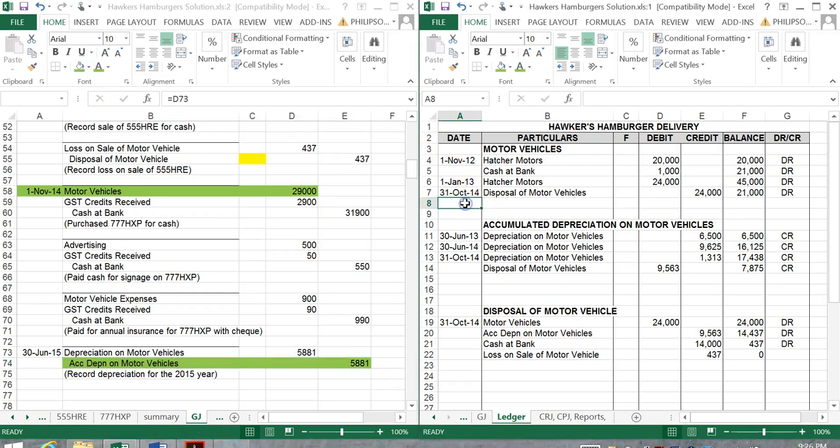So motor vehicles, 1st of November, 14. Particulars here, cash at bank, and it's 29,000. So adding a debit to a debit equals 21 plus 29, $50,000 debit.